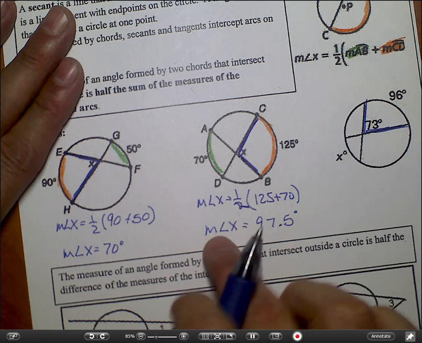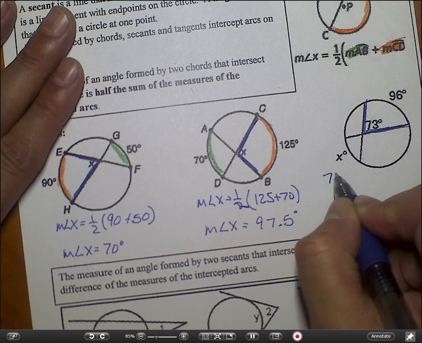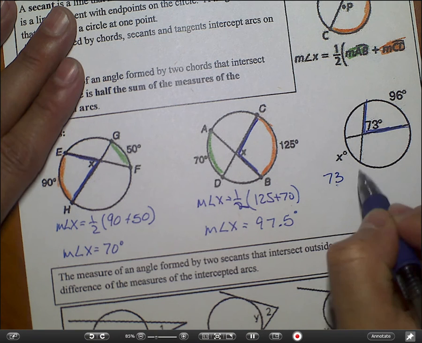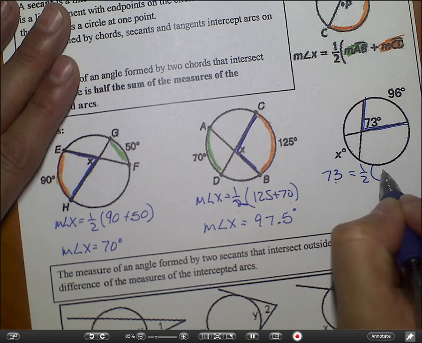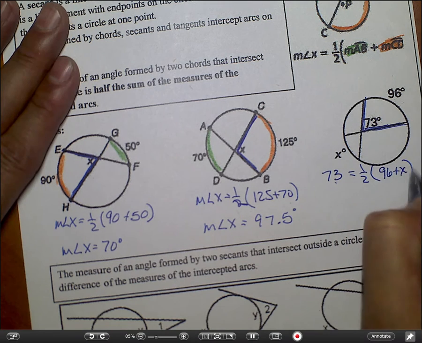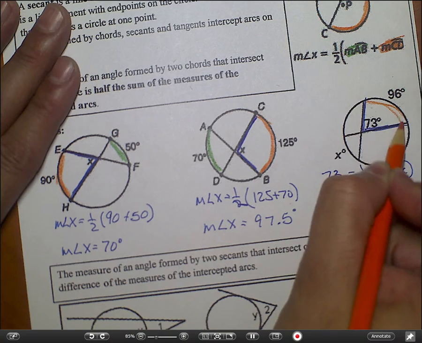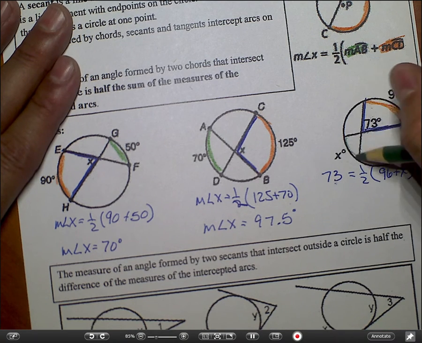So instead of saying measure of angle x, what am I writing? I say 73 because it is 73. The inside is equal to 73, 1/2 times (96 plus x). So it's eating the 96, and then it is my x over here.